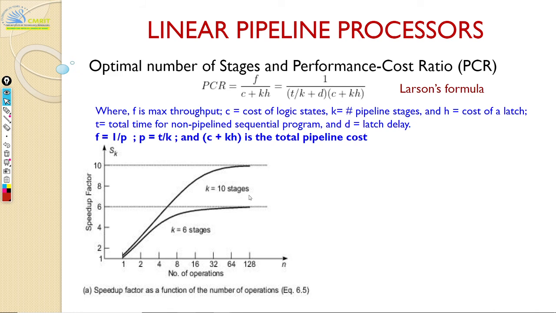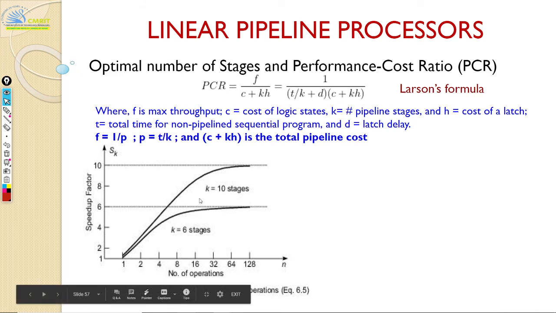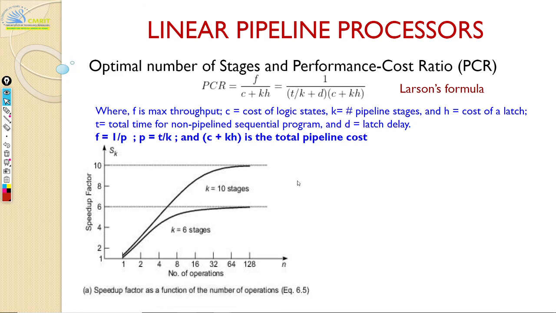Now if you look at this graph, what you see here is the number of operations, or number of instructions. Initially when you have only one instruction, your speed up is also 1. That's the worst case, that's non-pipeline. Now let us say you have a 6-stage pipeline.